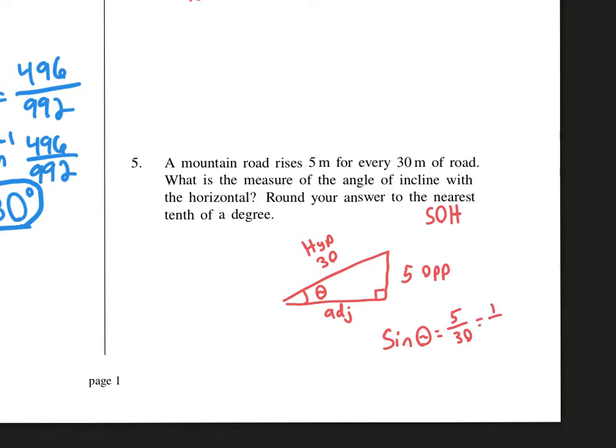That would be 1 over 6. And then move the word sine over to the other side. So theta equals arc sine of 1/6. I can figure that out on the calculator. Arc sine 1 over 6 is 9.594. And it says round your answer to the nearest tenth of a degree, so 9.6.